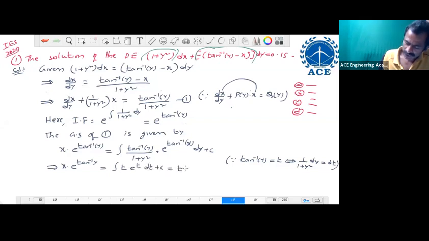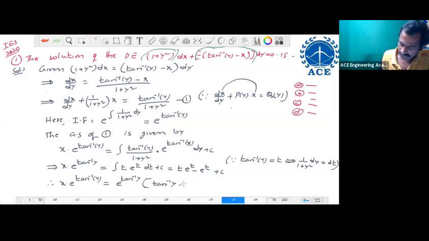This becomes t·e^t − e^t + c. In place of t, we write tan⁻¹y. Therefore, x·e^(tan⁻¹y) = e^(tan⁻¹y)·(tan⁻¹y − 1) + c is the required solution.